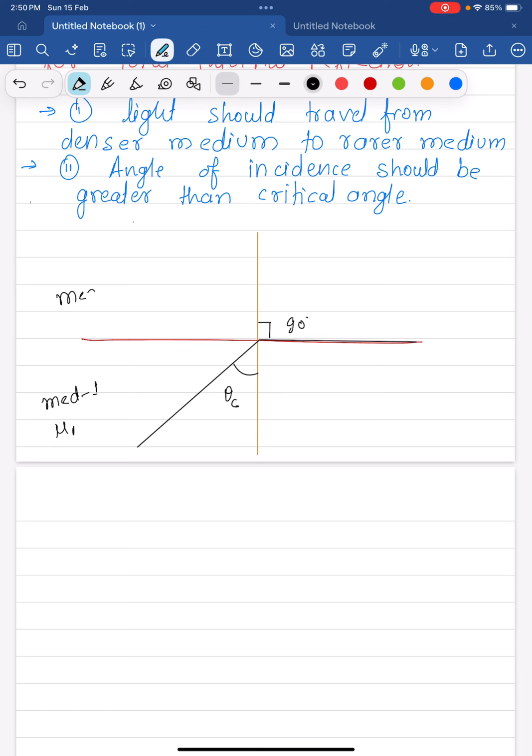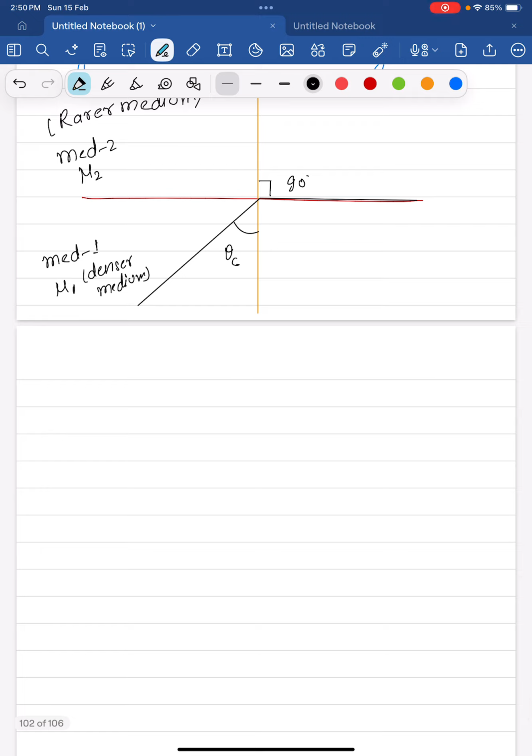This is medium 2 of refractive index mu2. Medium 1 is the denser medium and medium 2 is the rarer medium. We have to find the critical angle.